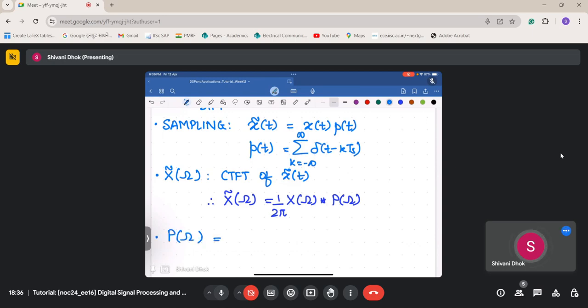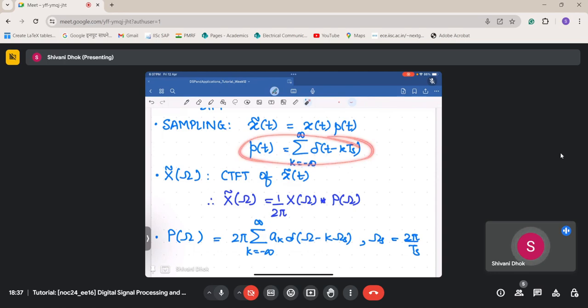This p of omega is equal to 2 pi into summation k running from minus infinity to infinity a k into delta omega minus k times omega s, where omega s is 2 pi by ts, which is the angular sampling frequency for this particular sampling.